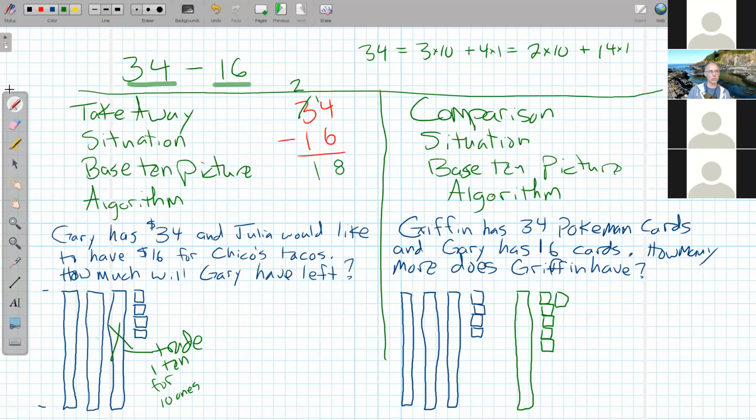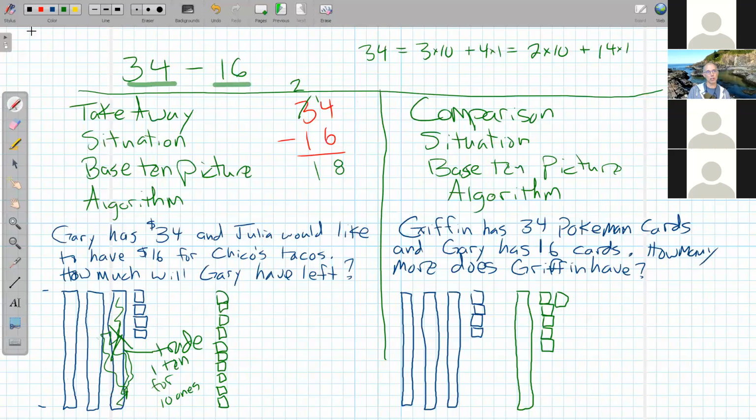Otherwise, I cannot continue. So this one is gone, I'm cashing that in, scribble it out. Sorry, I'm having trouble tracking there. And so I'm trading it in for 1, 2, 3, 4, 5, 6, 7, 8, 9, 10.